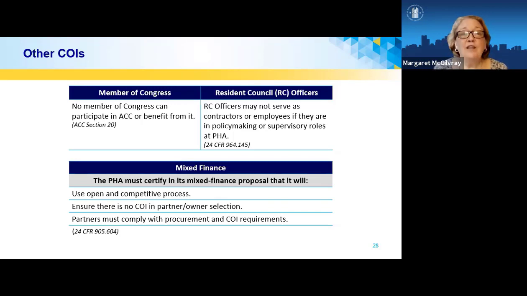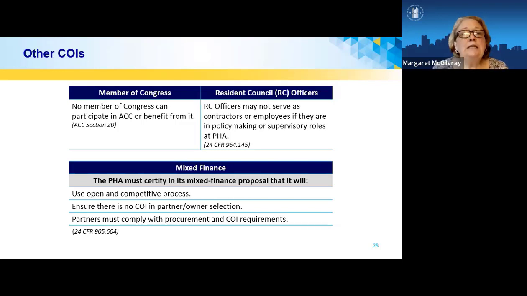So that means that you can't also have a business. So even though the Section 3 program is encouraging resident businesses and resident employment with the Housing Authority, there has to be a dividing line when it comes to the actual resident council officers.